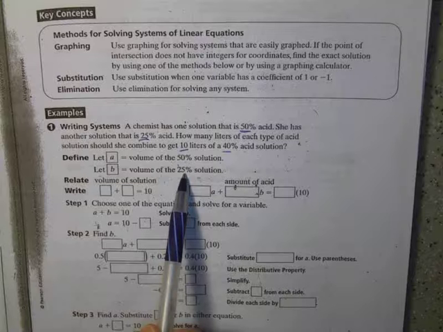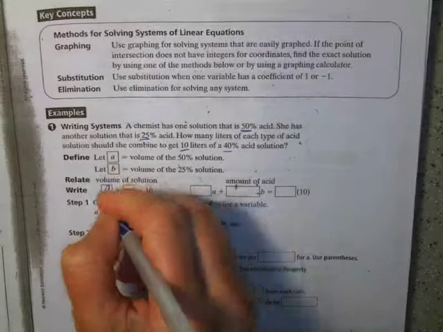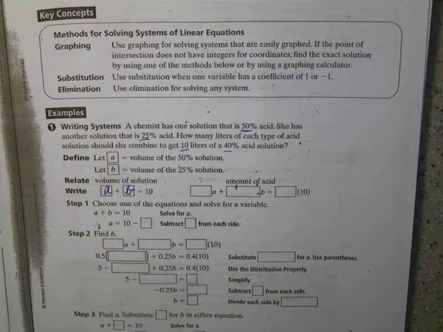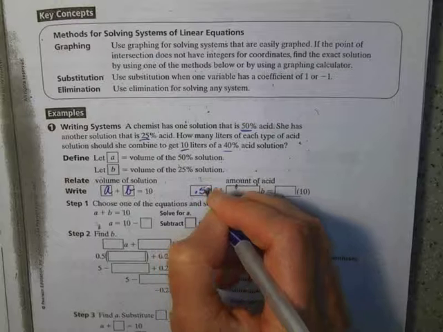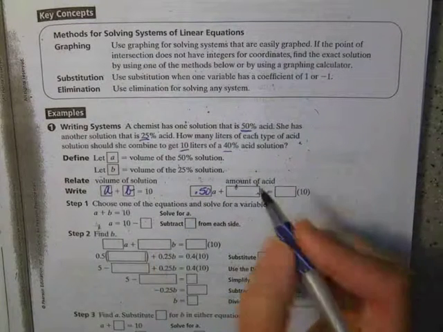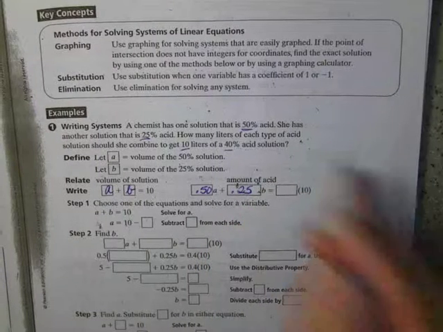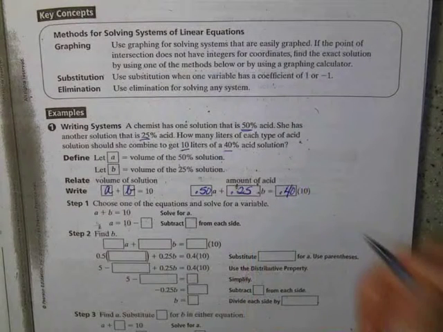So A plus B, however much of each one you use, has to add up to 10 because we want a total of 10 liters. Then 50% solution of A, so we can do 0.5, and 0.25 times B, to give us 0.4 times 10.